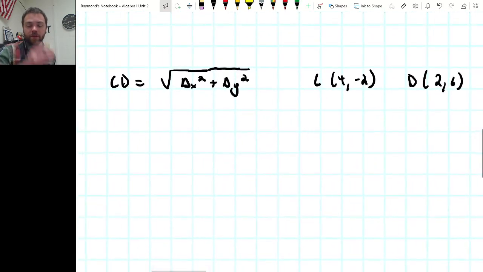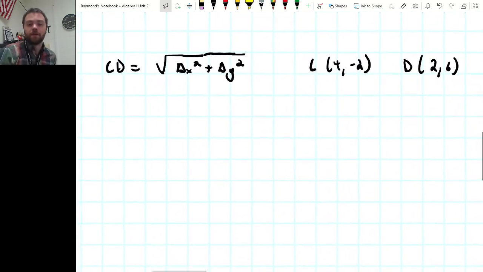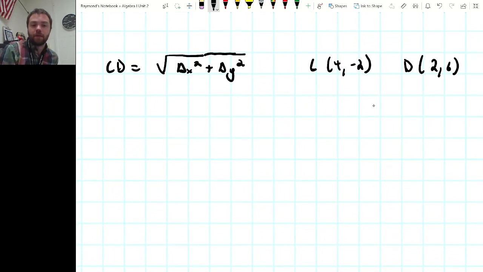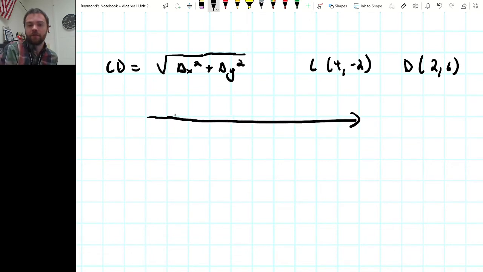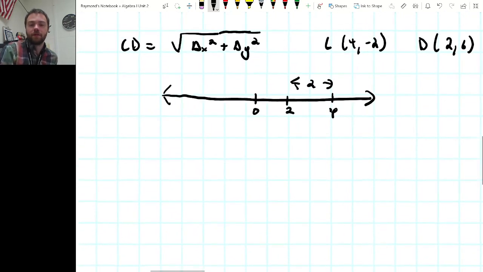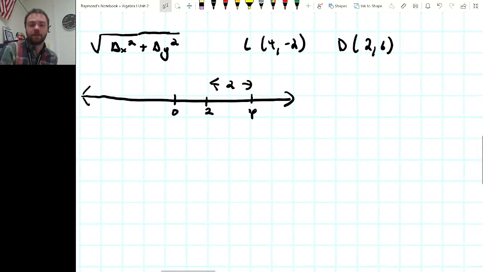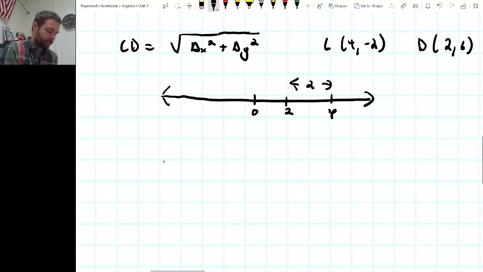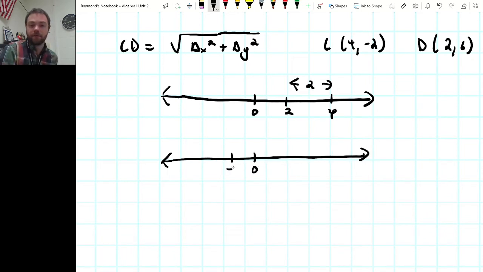Okay, so all I'm trying to do is find that distance. I'm trying to find the distance between the two x values, 2 and 4. So here's 0, here's 2, here's 4. The distance between those two is 2. And then I can do delta y. Here's 0, -2 is over here, and 6 is over here, so the distance between those two is 8.